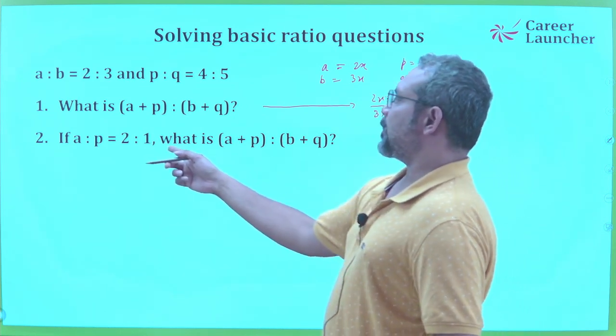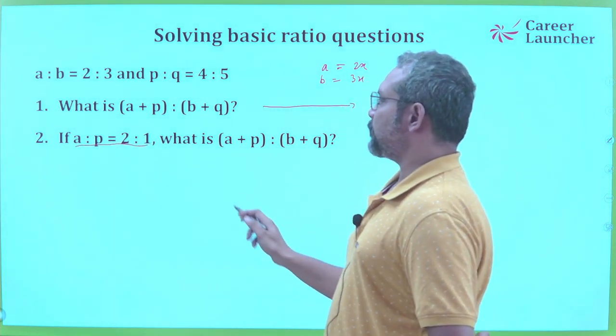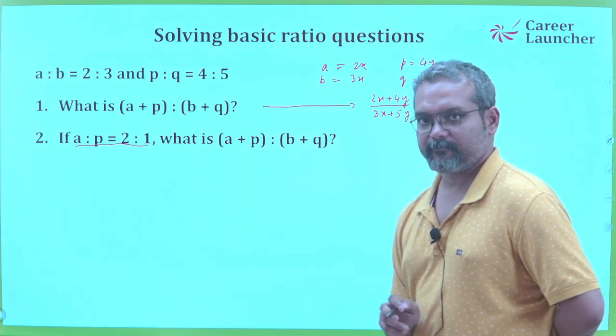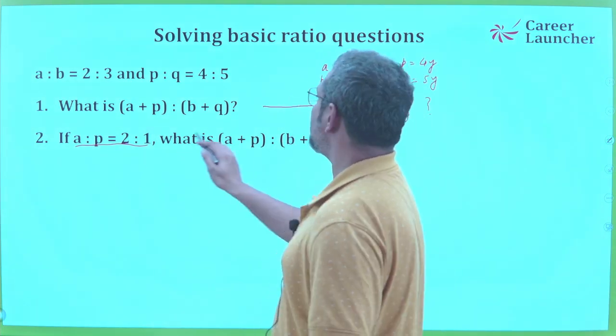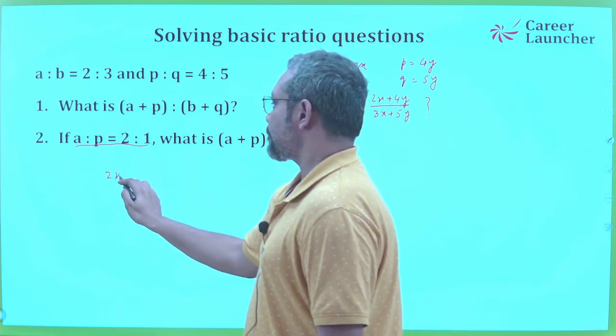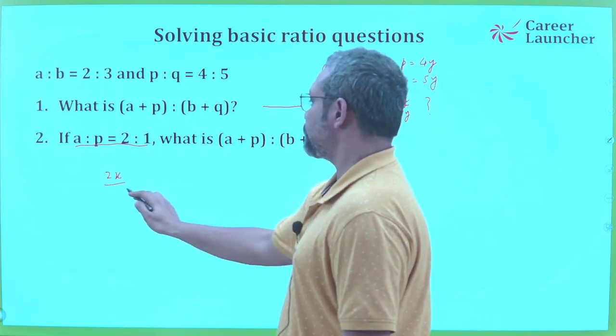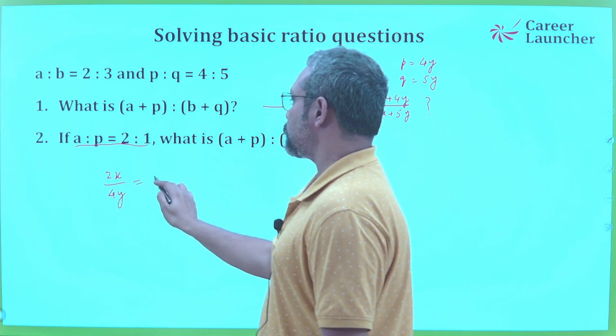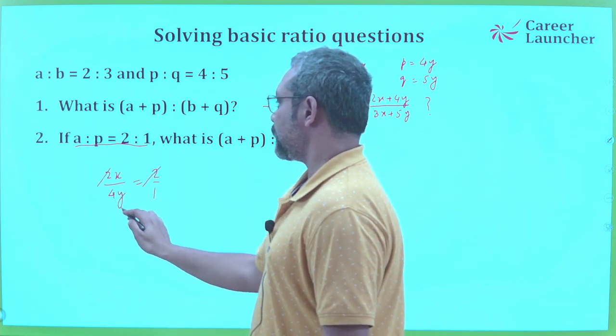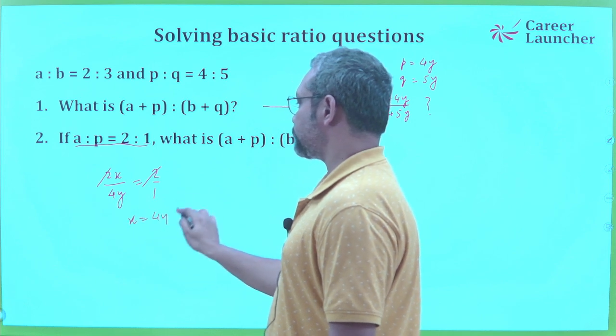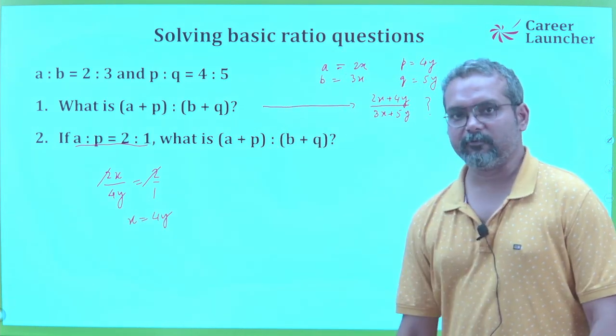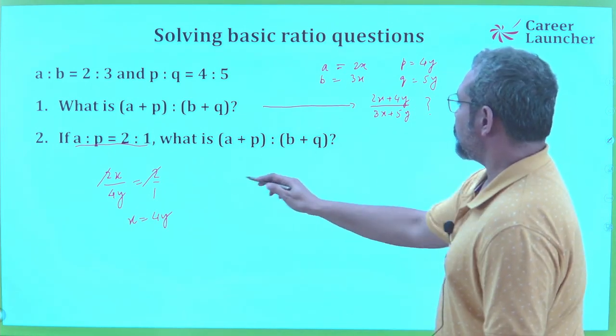Now the second part of this gives you some additional information and then asks you the same question, so let us use this. A is to P. What is A? 2x. What is P here? 4y. 2x over 4y is 2:1, so x is 4y. Okay, we have got x equals 4y. Once we know this, we'll plug in.